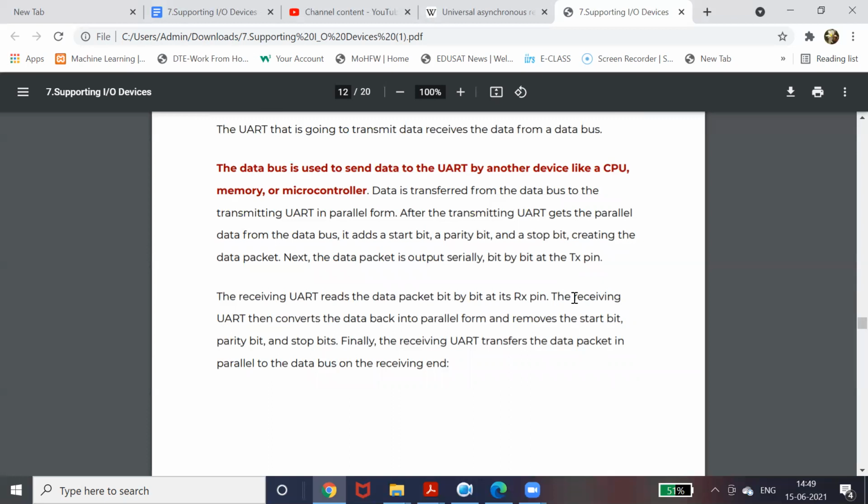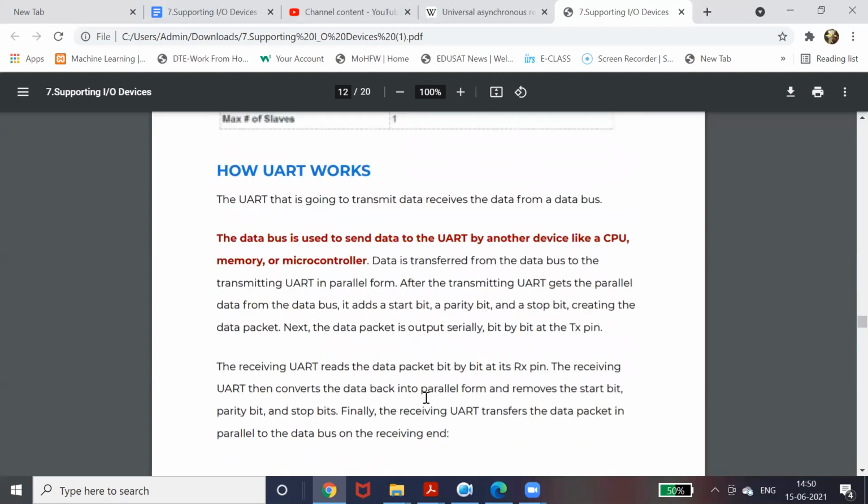RX stands for receiver, TX stands for transmitter. At the receiver, it receives the data bit by bit, then converts it into parallel form and transfers it to the next controller or device. Before transmitting to the data bus, it removes the parity bit, stop bit and start bit, and then the actual data is transferred to the data bus.